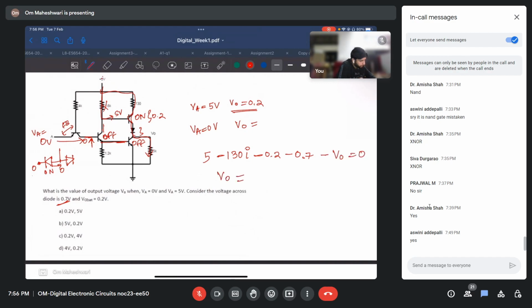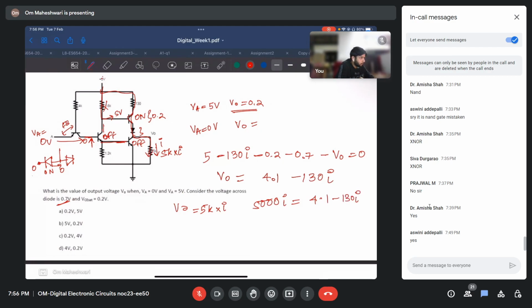VO equals 5 minus 0.9, sorry, minus 130I, which is 4.1 minus 130I. Also, VO is equal to 5k into I. The same current is flowing here also, right? So 5000I equals 4.1 minus 130I.